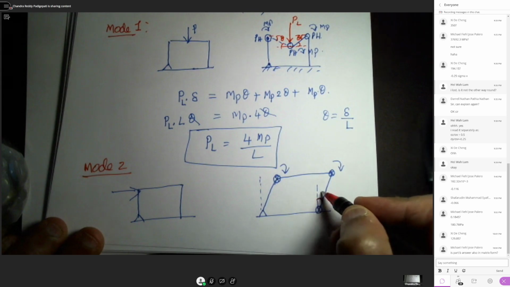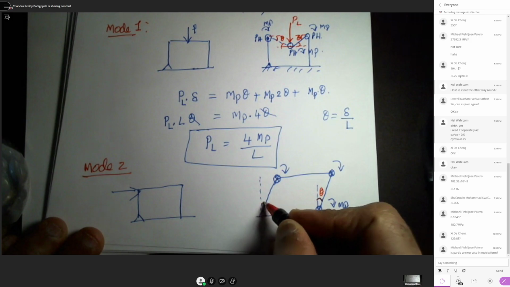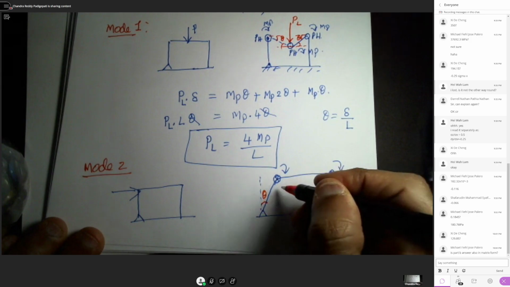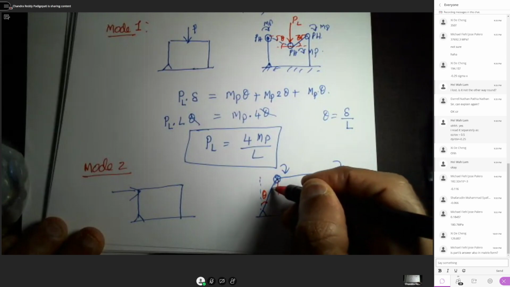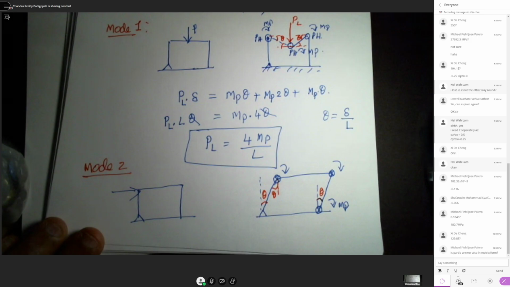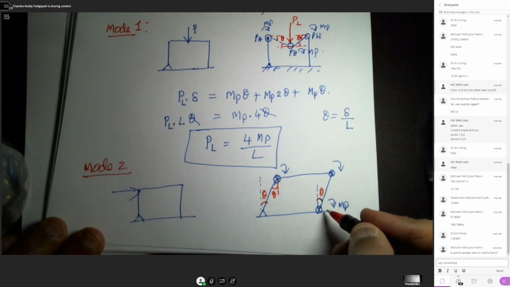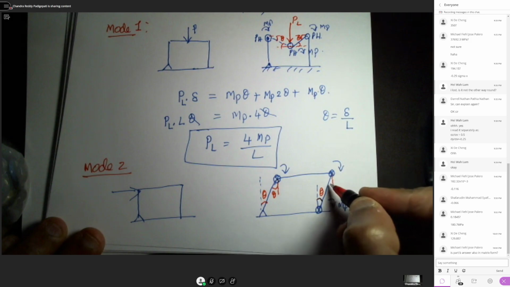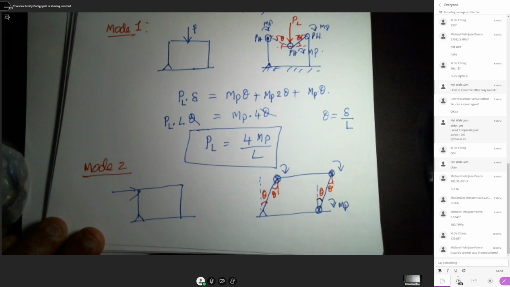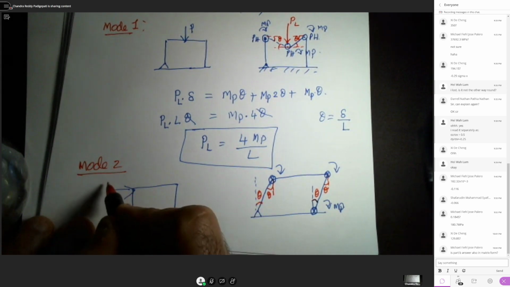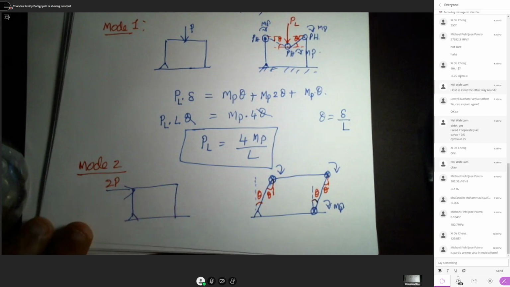We have the angle theta here, and we have the angle theta. This is due to the horizontal load 2P.